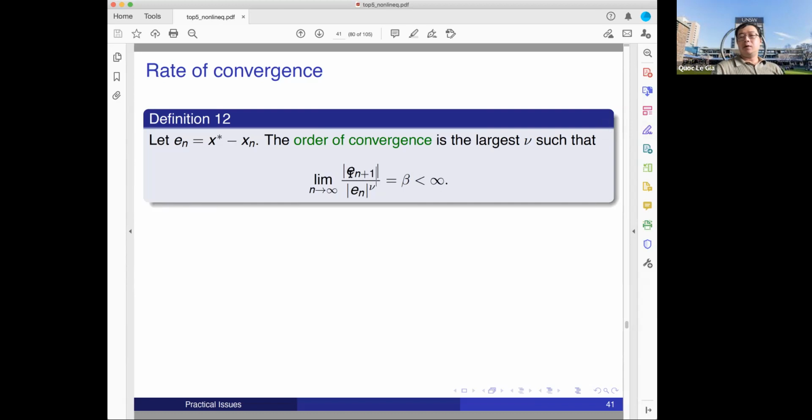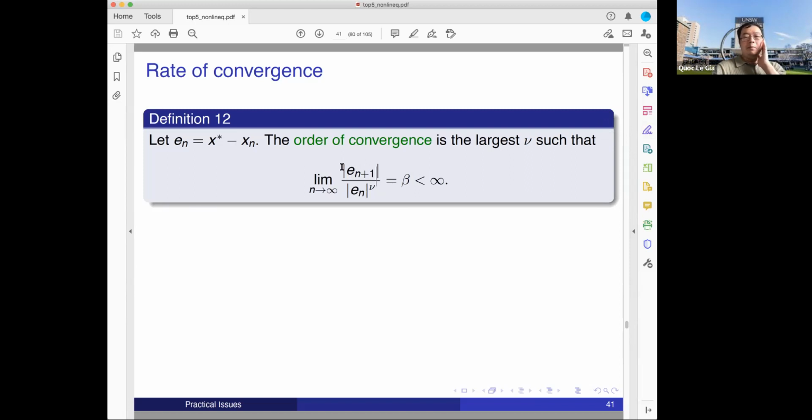If I use the fixed point iteration, remember, we just discussed it last hour.